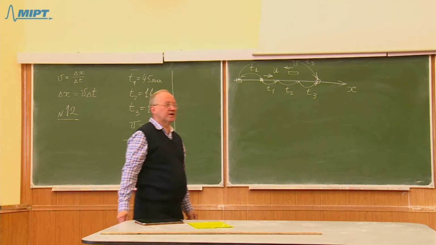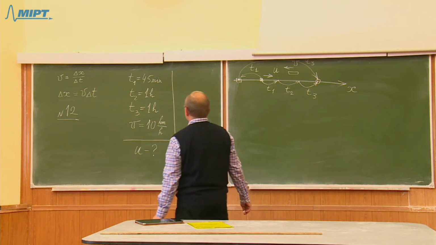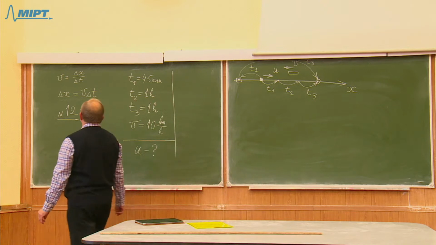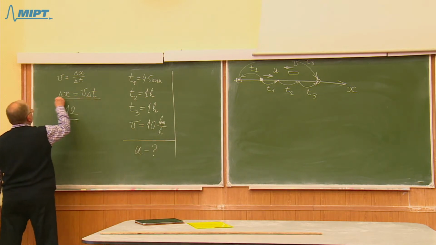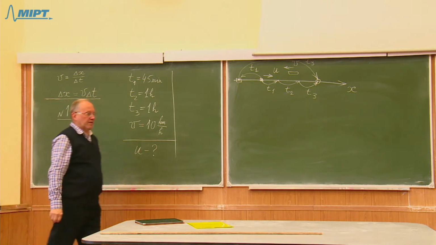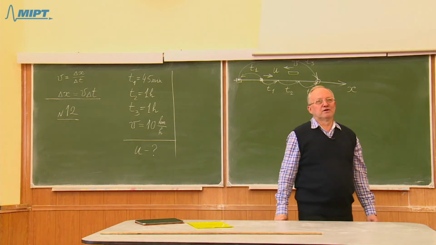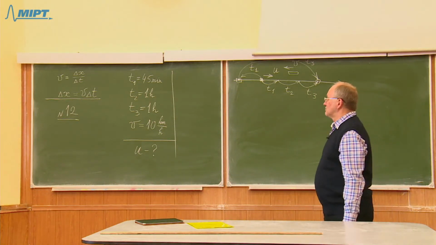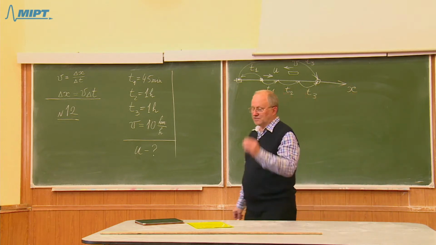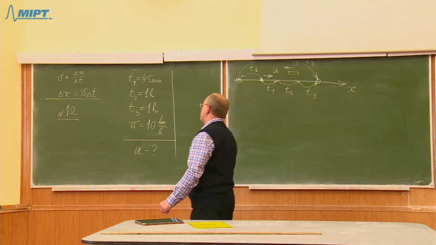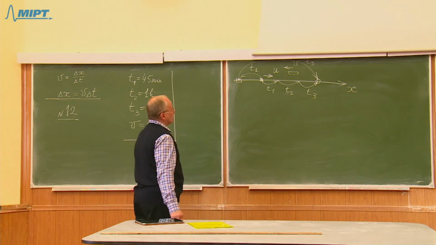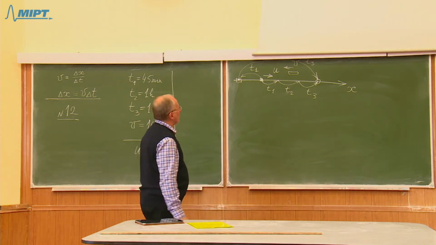Now let's use the formulas of kinematics. That is this simplest formula, which applies to a uniform motion, that is, to the motion with constant speed, which is the case in this problem.